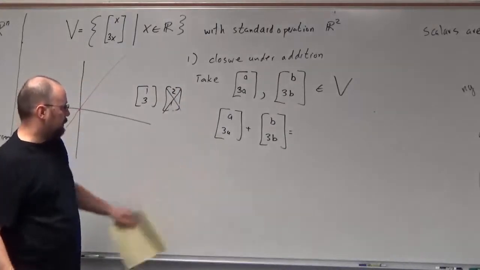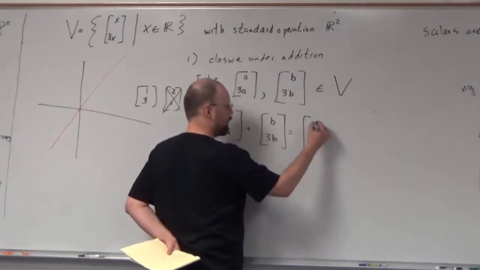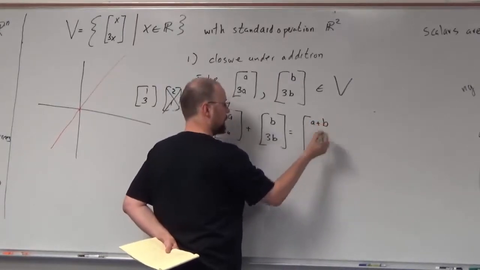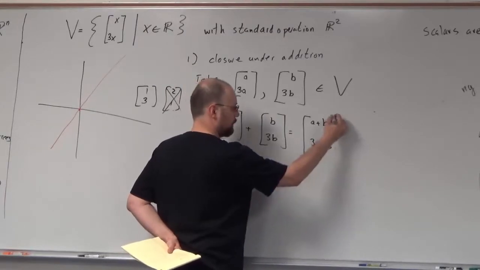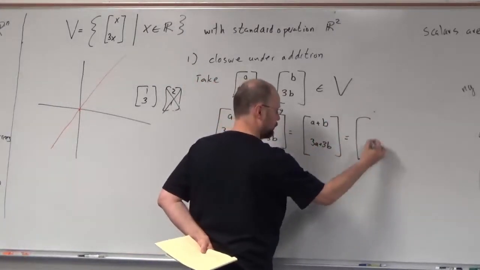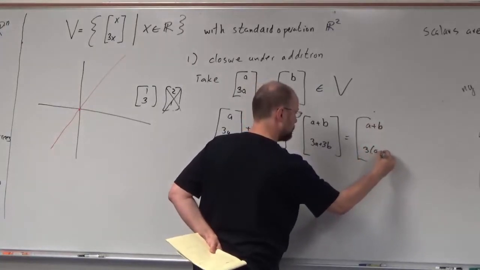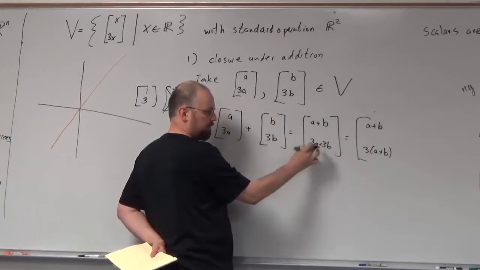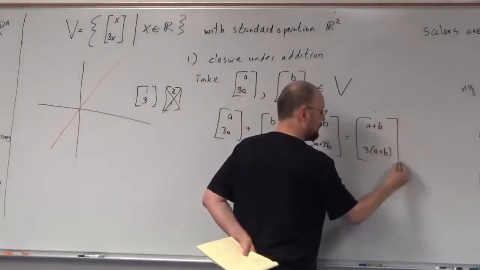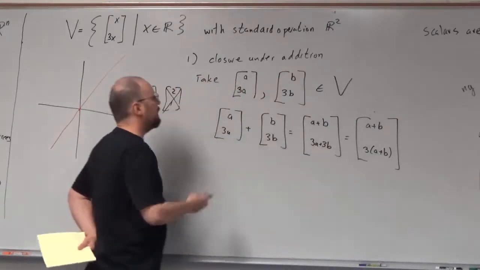Well, if we add these two vectors, and again we're using the standard operation, vector addition, we get A plus B, 3A plus 3B. And of course now we're dealing with properties of real numbers, right? We can factor out the 3. Is this in V? Well, does it have that qualifying structure?